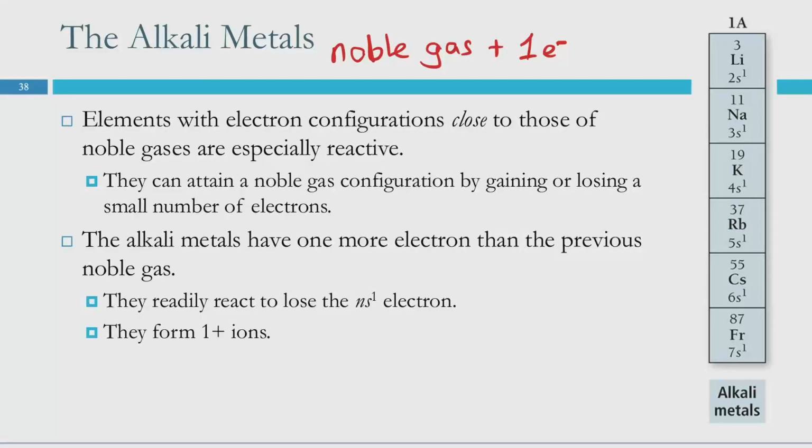And so if you get rid of that 1 electron, now you've got a noble gas electron configuration that's especially stable. And so alkali metals are going to lose that, whatever level it is, s1 electron.